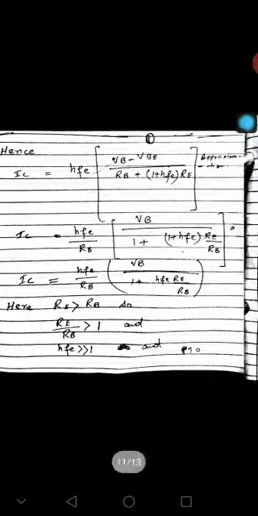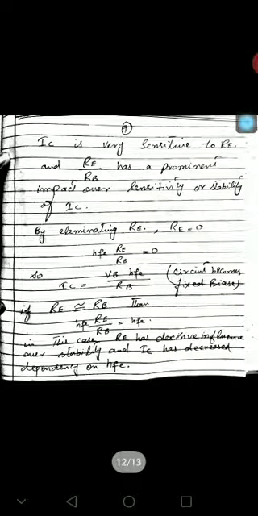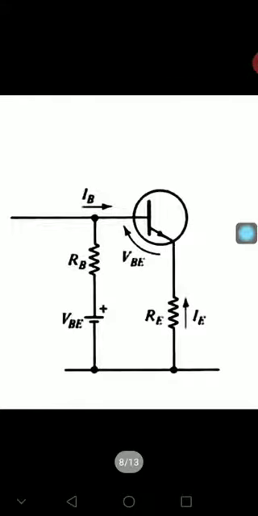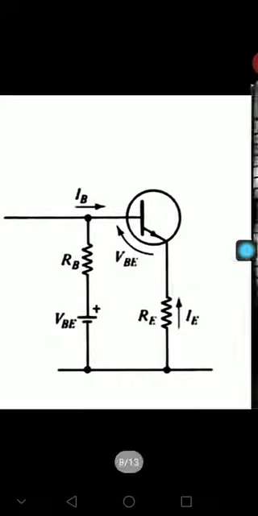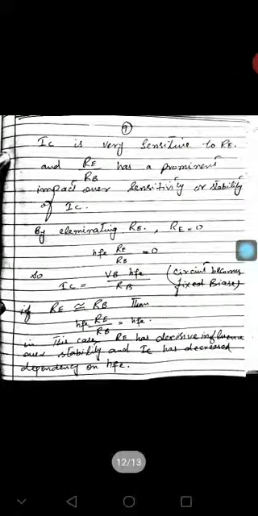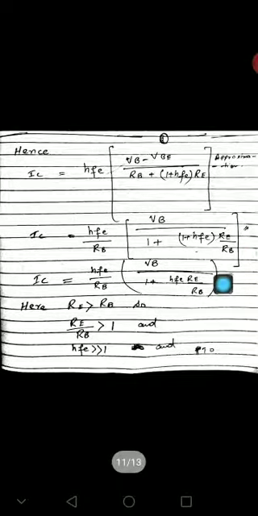Now, in the first assumption, we consider RE is equal to 0, meaning we short RE. As we short RE, RE becomes equal to 0. So the equation becomes RE over RB equal to 0. Putting this value in the equation, HFE into 0 is equal to 0, 1 plus 0 is equal to 1.